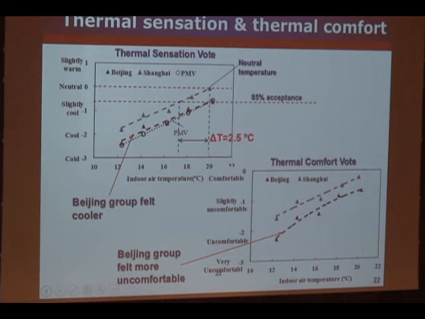And about neutral temperature, acceptable temperature, with a temperature difference of 2.5 centigrade, 85% acceptance. For the Shanghai group, the accepted temperature is really lower than Beijing.